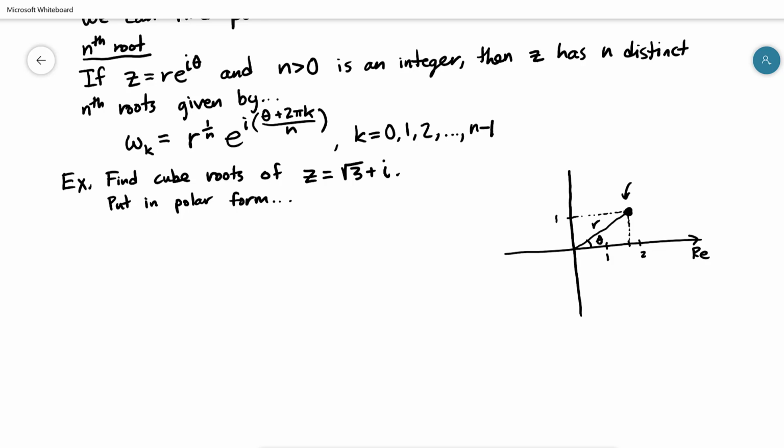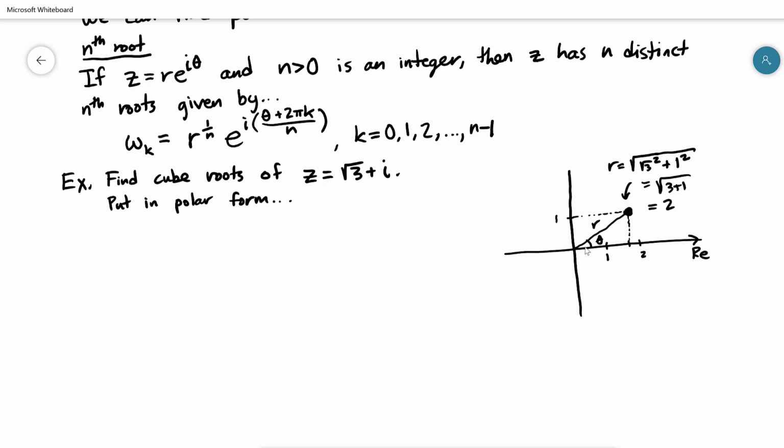This r is going to be the square root of root 3 squared plus 1 squared. And root 3 squared is going to be 3. 1 squared is 1, so this is the square root of 3 plus 1, which is the square root of 4, which is 2.